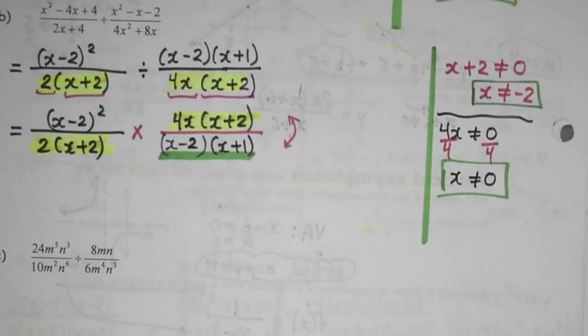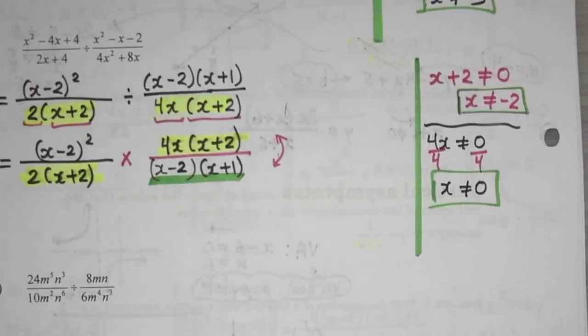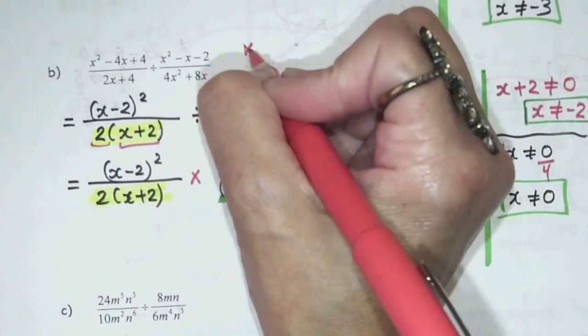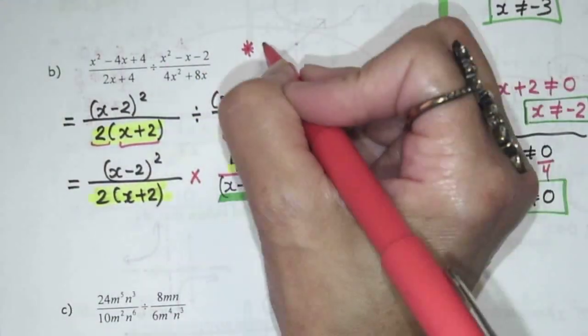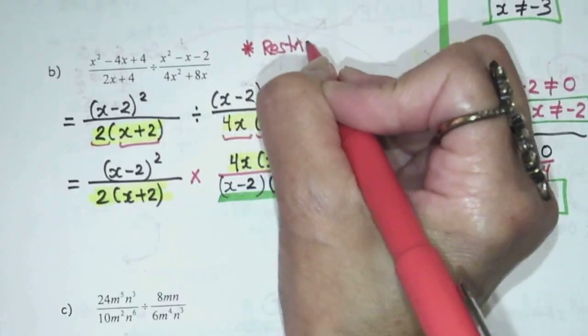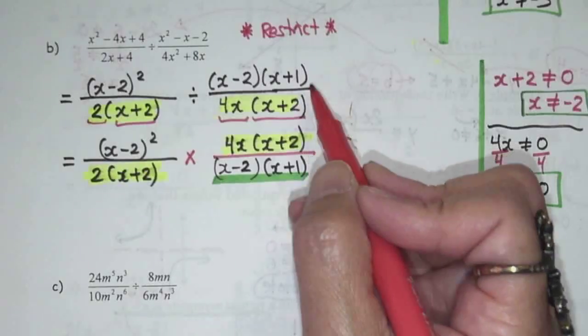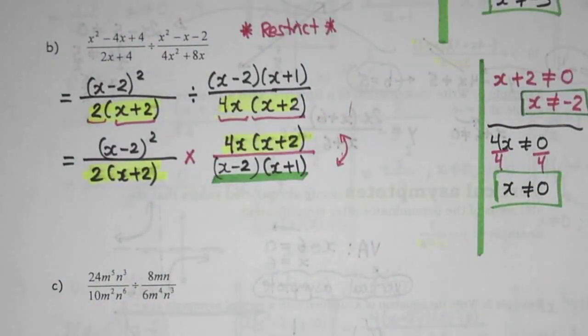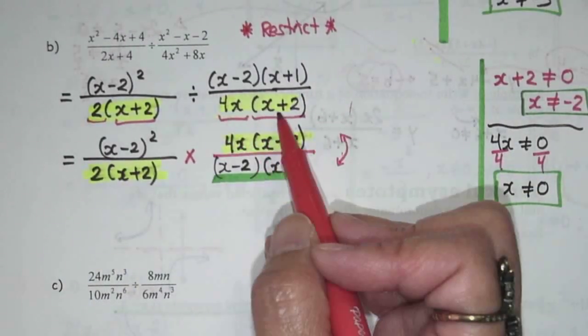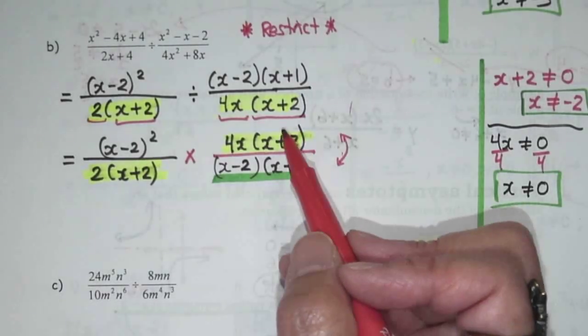So as soon as you see division, maybe put a tiny star here to remind yourself to restrict. Say, wait, division meant I had to restrict the top and the bottom.